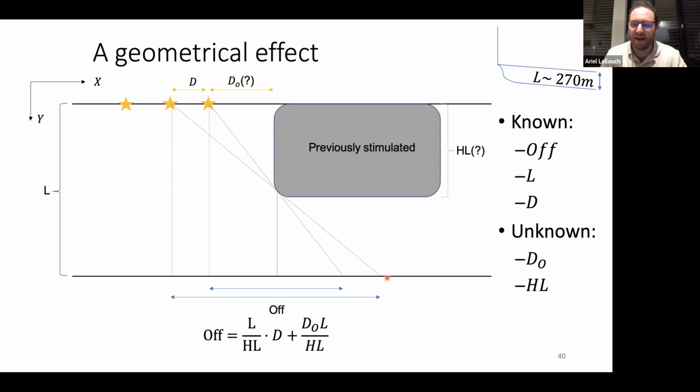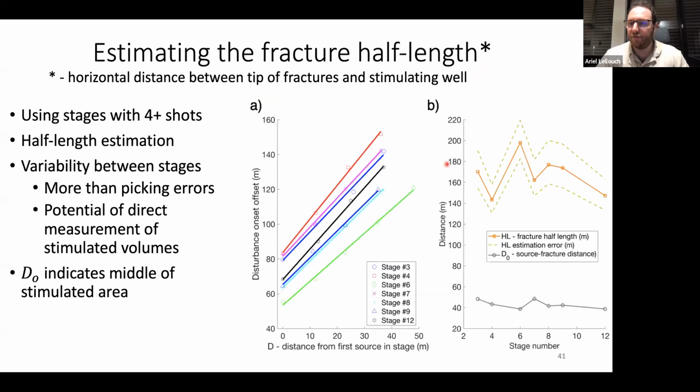And this is like high school geometry. You can do some linear regression, and from that estimate the horizontal growth of the fractures. So we did that for different stages. This is the value that matters. We found the horizontal growth is around 165 meters, something like that. It makes sense in terms of the well spacing.